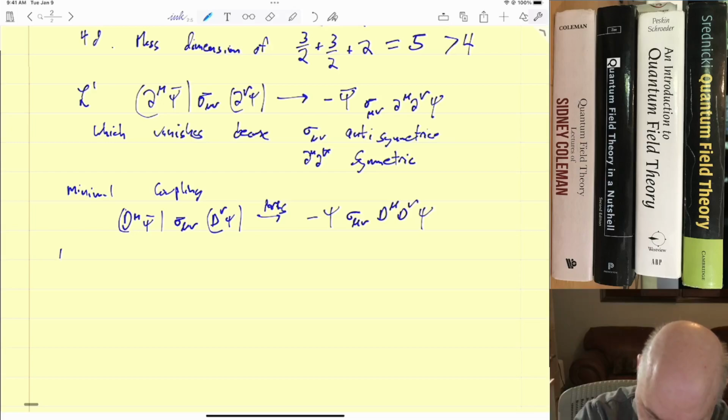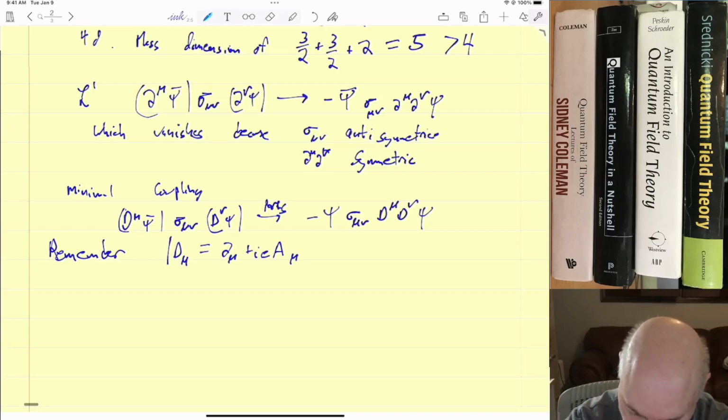And remember the definition of the covariant derivative, or the minimal coupling prescription.